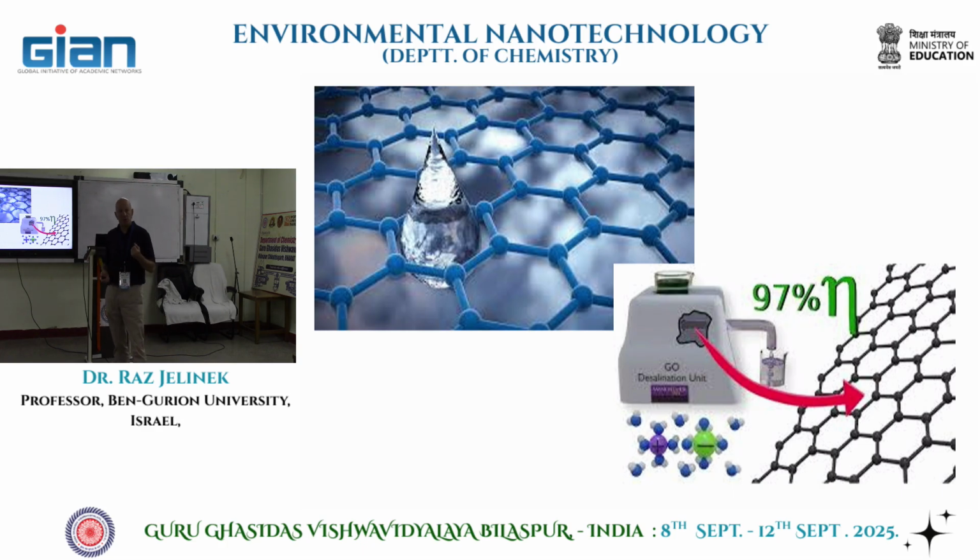There are actually already commercial products of graphene that we can use in water filters. They're a little expensive, but the processes for making large-scale graphene are becoming very effective, relatively cheap, so we can use them in water filtration.